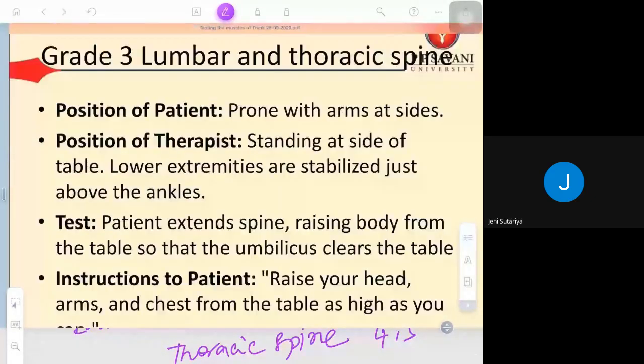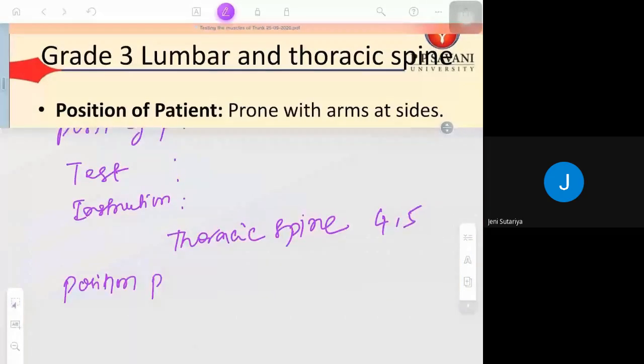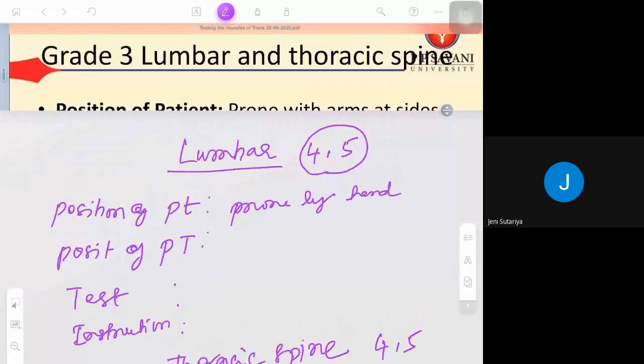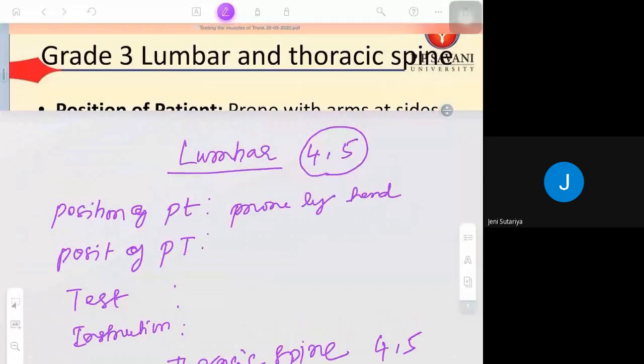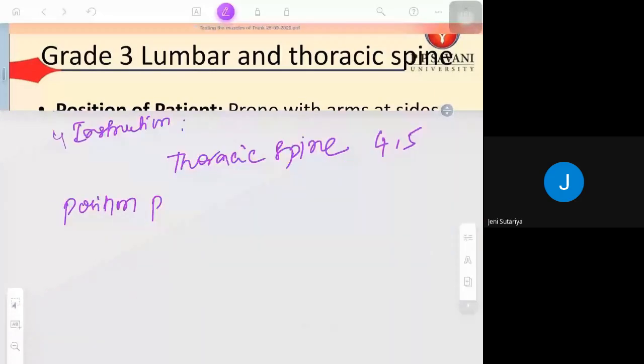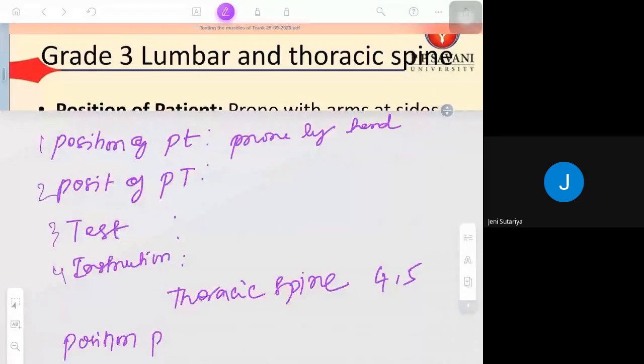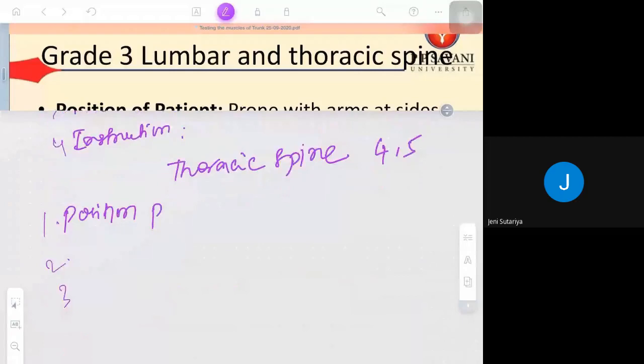Grade 3 for lumbar and thoracic spine. Again, we will discuss 4 points. We discussed lumbar spine, 4 and 5, and 1, 2, 3, with 4 points. We discussed thoracic spine also: position of patient, position of therapist, test, instruction.